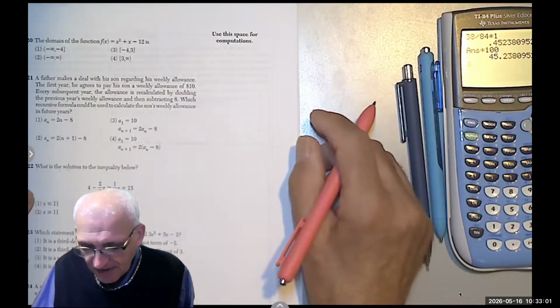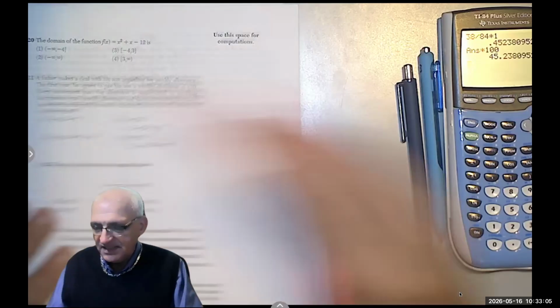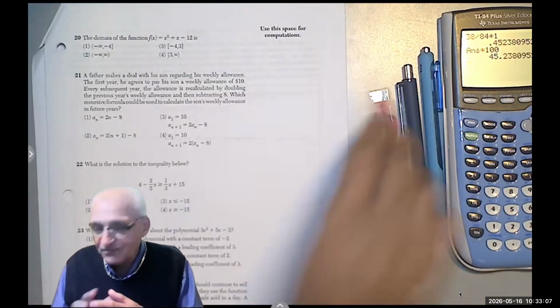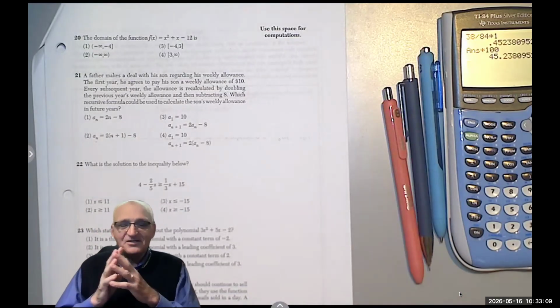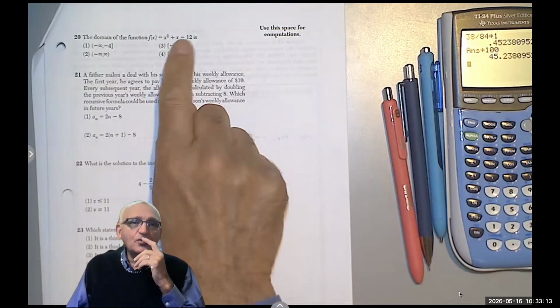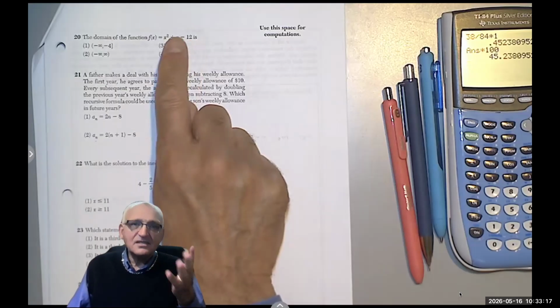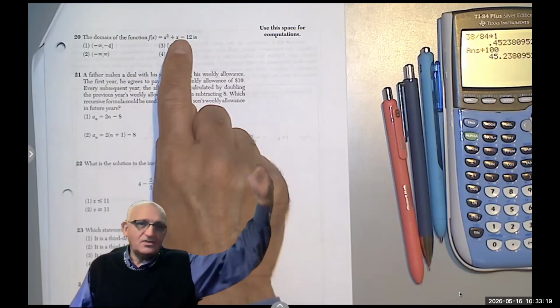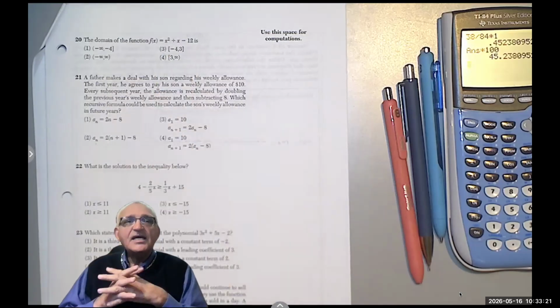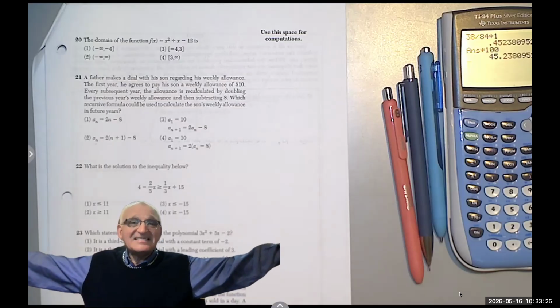Okay. Now we move to number 20. The domain of the function x squared. Well, take it from me, or you already learned that at school. If you have a polynomial, like x squared, x cubed, x to the 100, whatever, any polynomial is continuous, meaning it has a domain from -infinity to +infinity.